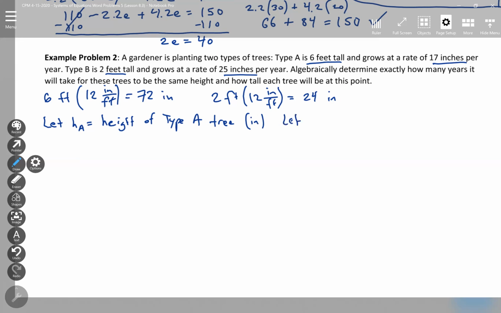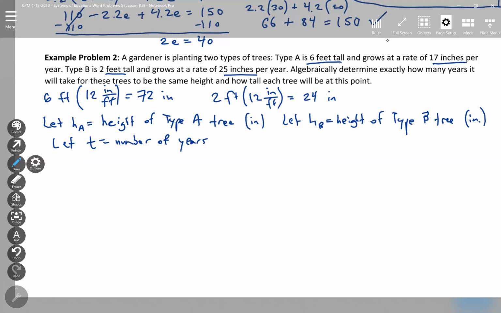And let HB equal the height of the type B tree, which is also in inches. And then we have the time. So let T equal the number of years, right? Because it's telling us that type A grows at 17 inches per year, type B grows at 25 inches per year. So that's how I know my unit of time here is years. So let's see if we can write some equations.